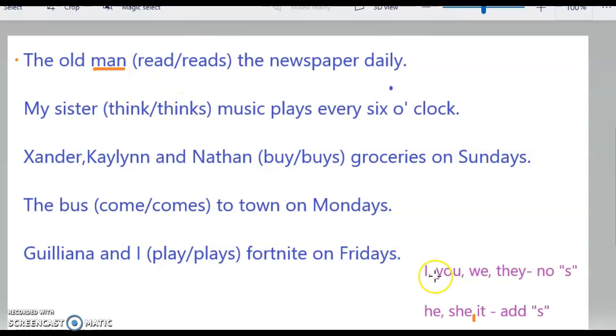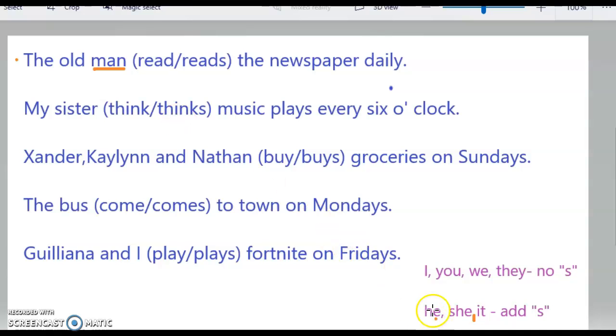For man, will we say I? No. Will we say you? No. Will we say we? No. We does not replace the noun man. We won't say they because this is one person. We will say he. If we want to rewrite the sentence, we would say he blank the newspaper daily.